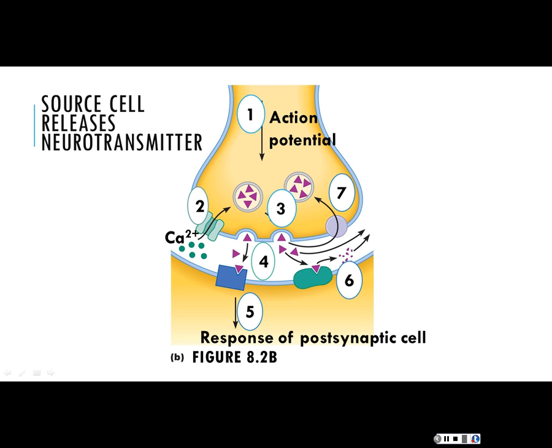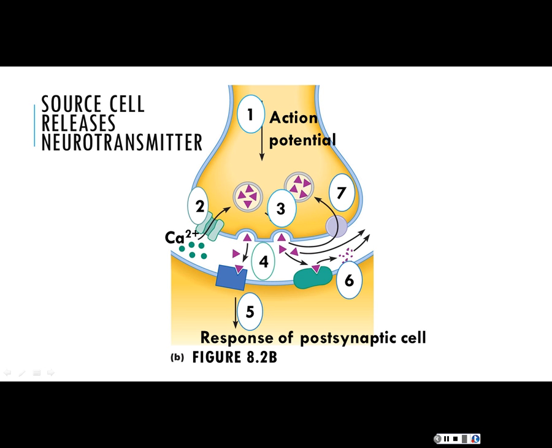Enzymes can break down the neurotransmitter quickly, so they're not overstimulating the postsynaptic cell. They're there to remove it, as soon as the enzyme does its job, we can get rid of it.